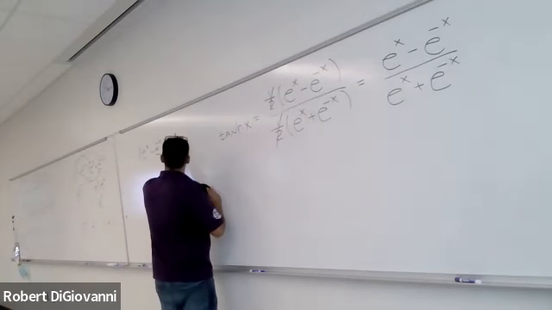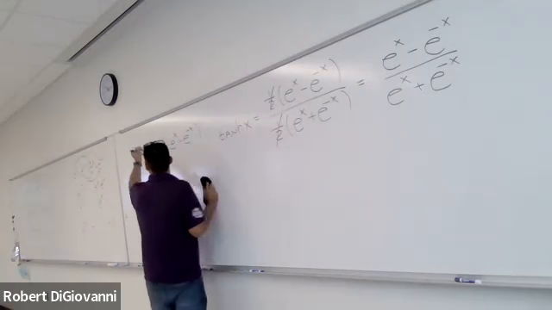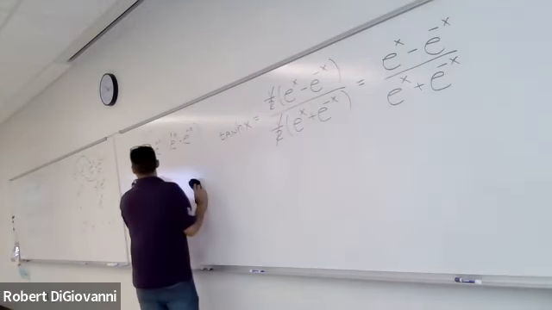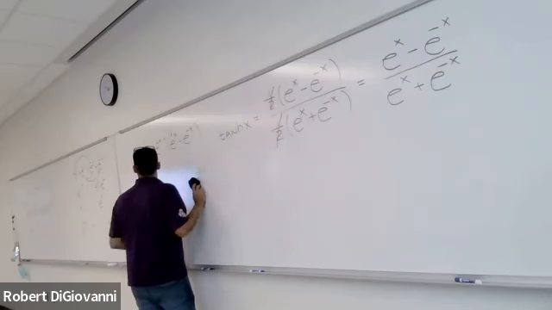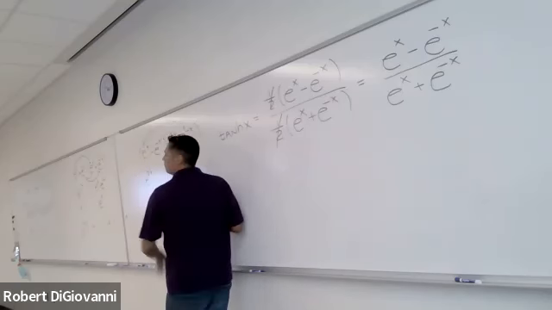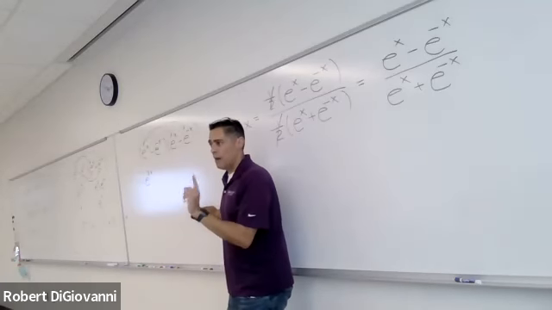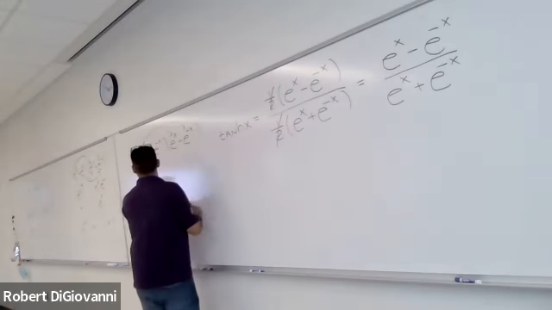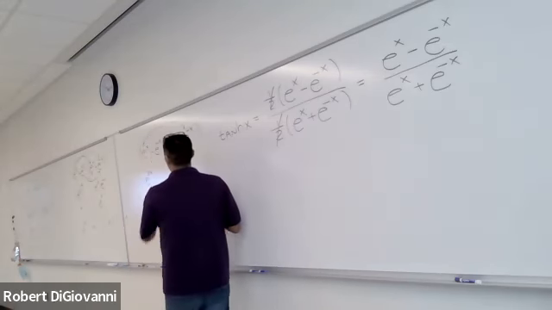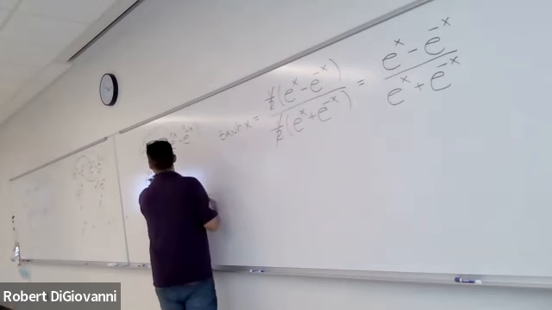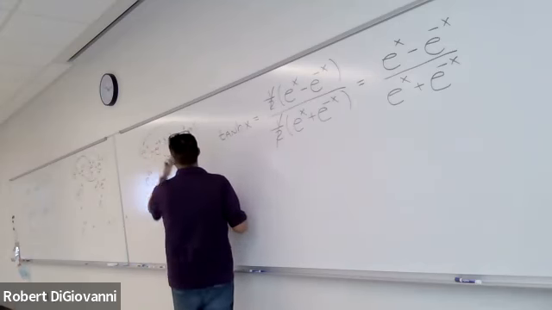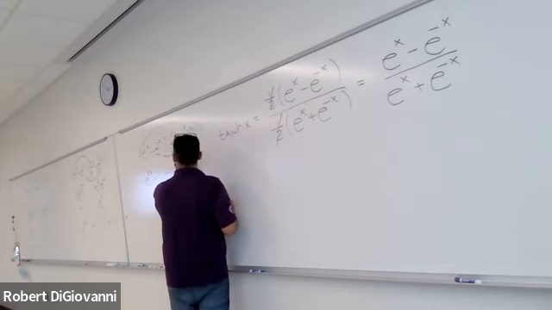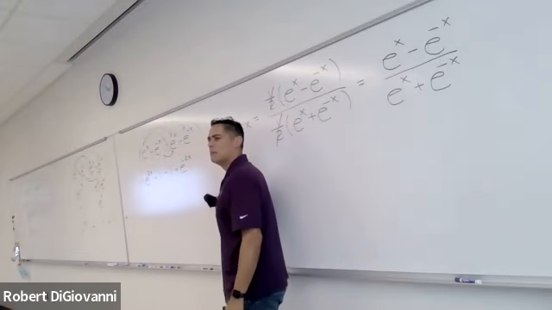Here to here, e to the 2x. Okay, here to here, minus 1 though, right? This time it's minus 1 because you're doing a positive times a negative. And then when you do the middle one, minus 1 as well. And then when you do the last one, 2 negatives would be plus, and then e to the negative 2x. Are we good or not? Yes?